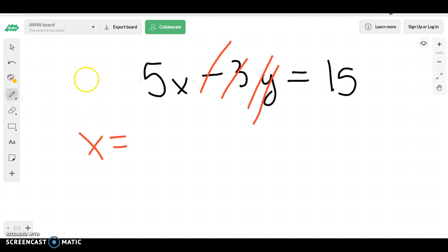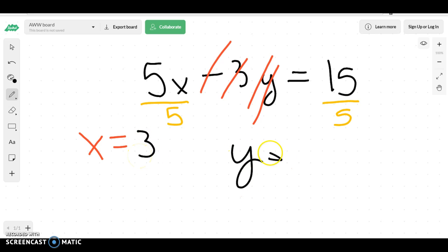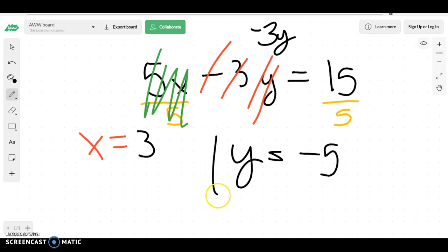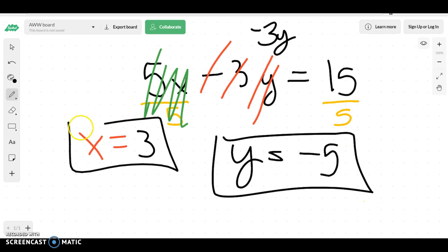Then we divide each side by 5, giving me that x is equal to 3. For my y value, we now want to cover up the x, so I don't have an x. I'm going to have negative 3y is equal to 15. We divide each side by negative 3, and I'm going to get that y is equal to negative 5. And those would be my two answers.